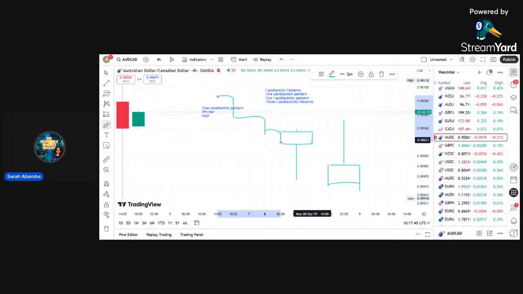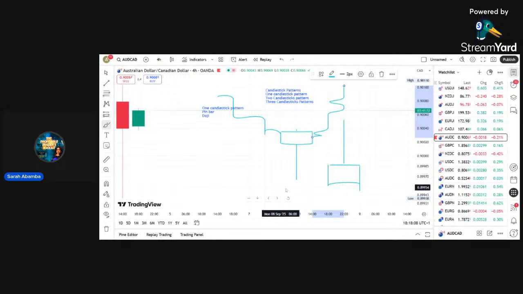Now it's giving the signal that the market will no longer be coming down, it will start going up. So since you are seeing this signal, you place a buy order, like this. Since it has given the signal that the market is going to turn around, you place a buy order.